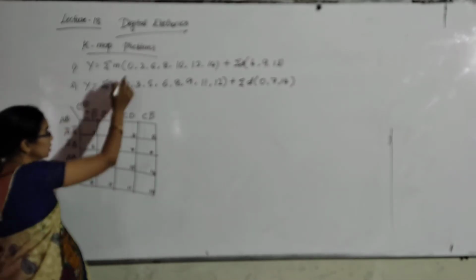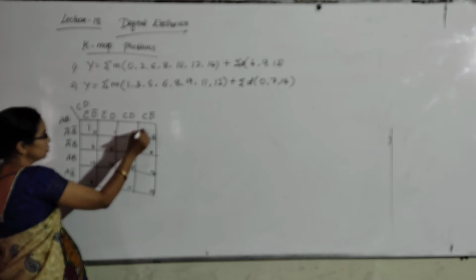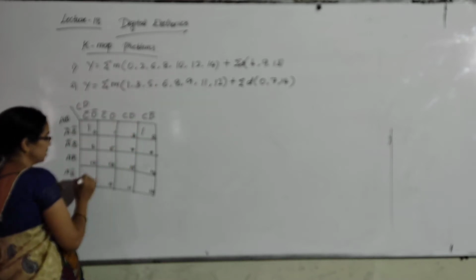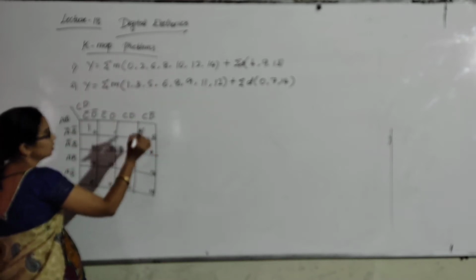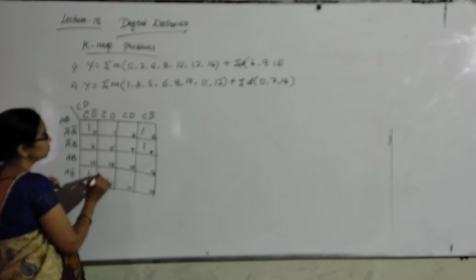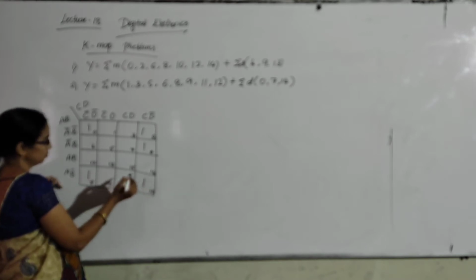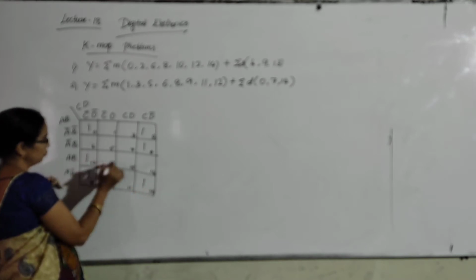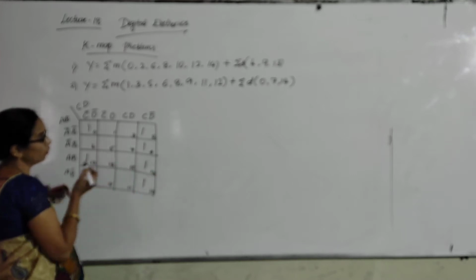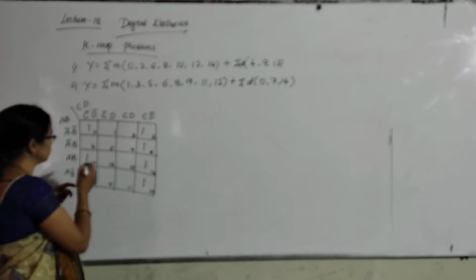Now we will plot the ones in the K map. 0 is 1, 2 is 1, 6 is 1, 8 is 1, 10 is 1 and 12, 14 and 4, 9, 13 are don't care conditions.